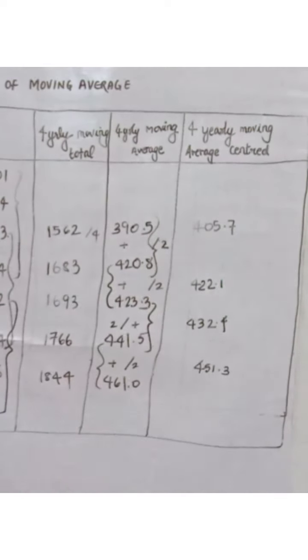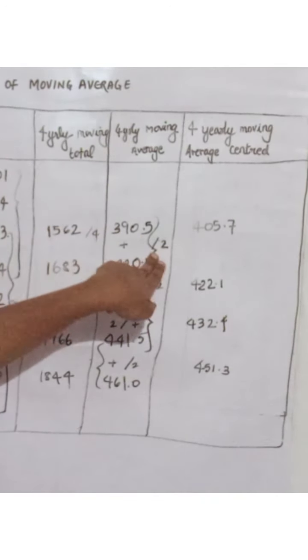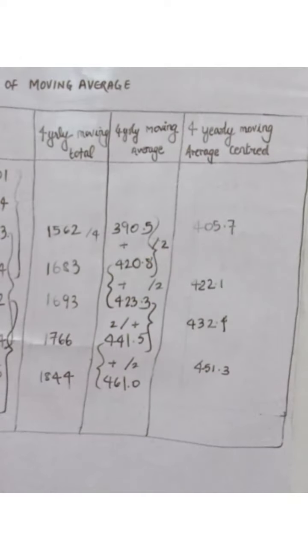We are not maintaining a new column here. We are directly adding groups of two, dividing by two, then writing down the answer. So this is how we perform 4 yearly moving average centered.